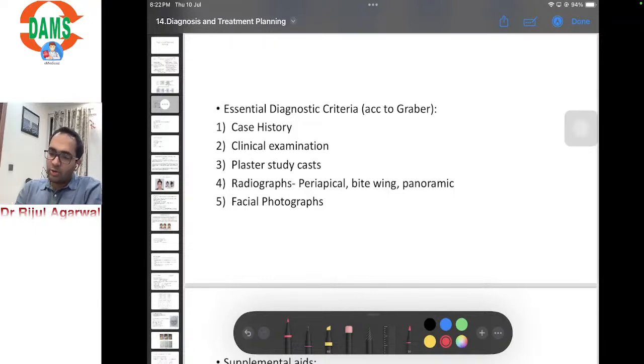For orthodontics at our graduation level, it's Proffit. But the problem is that we start orthodontics from third year; in our time we started from second year. We never opened it. Now all of a sudden before your exam, if I say start studying from Proffit, you won't be able to understand a single word from it, or you might understand but you won't be able to answer questions from it.